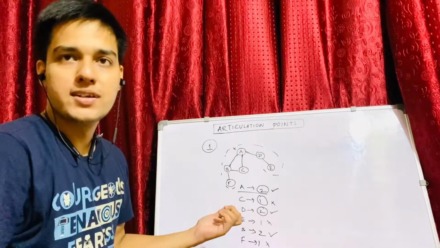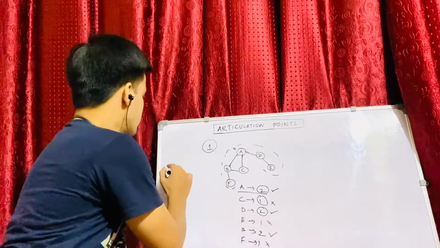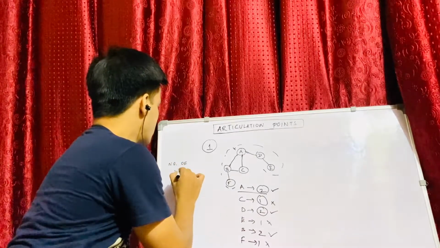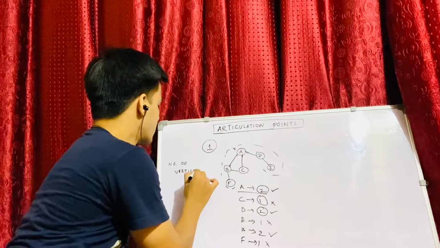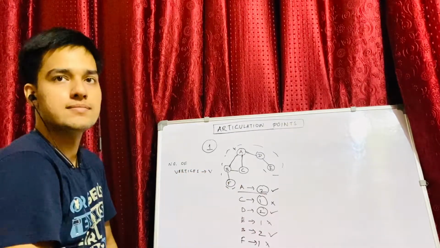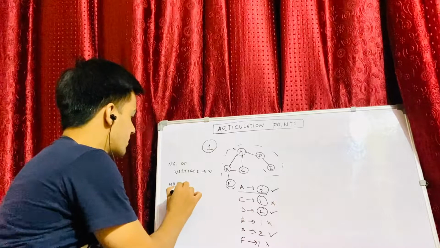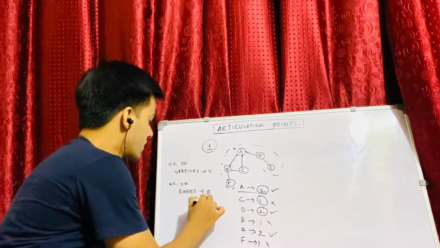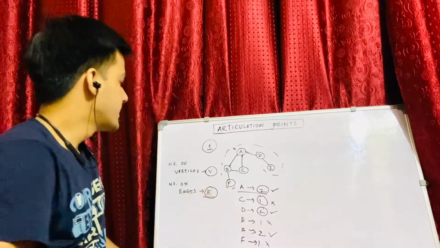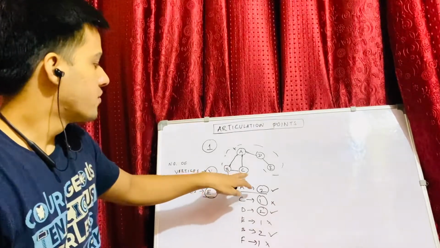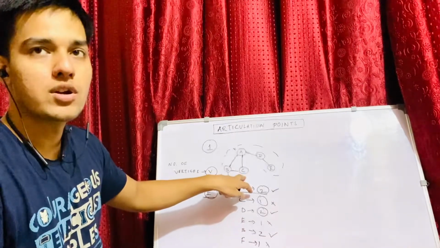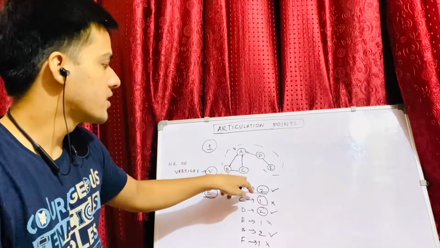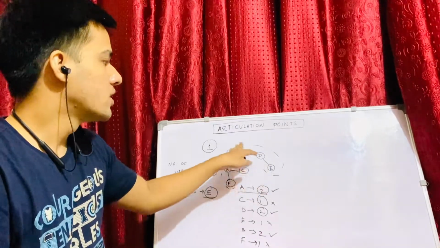So clearly we can see we have A, D and B as my articulation points, right? So what will be the time complexity of this approach? Let's say my number of vertices is V and my number of edges is E. For each and every node I am removing that particular node, or marking it as not accessible along with all its edges, and what would be remaining is all the other nodes, right?